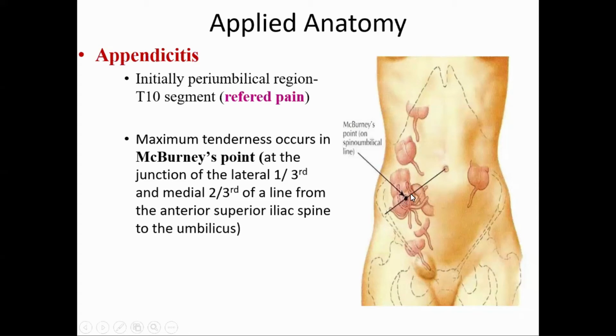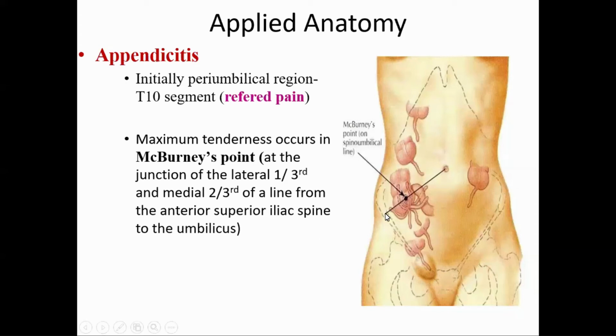The point at the junction of the medial 2/3 and the lateral 1/3 is called McBurney's point, and at McBurney's point, maximum tenderness is felt during appendicitis.